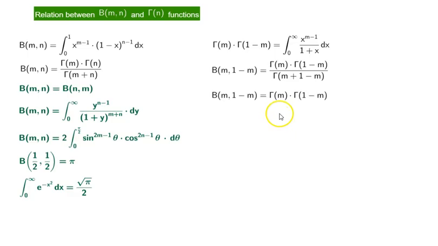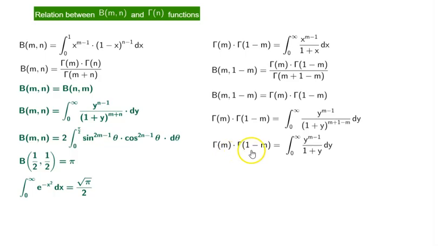So we have gamma of m times gamma of 1 minus m, and the denominator is gamma of 1, which is 1. So now gamma of m times gamma of 1 minus m is equal to the integral from 0 to infinity of y to the power of m minus 1 by 1 plus y to the power of m plus 1 minus m dy. This is one of the identities that we had seen.